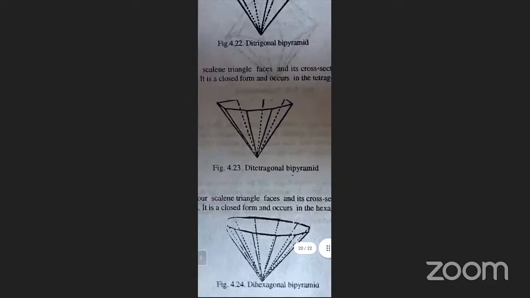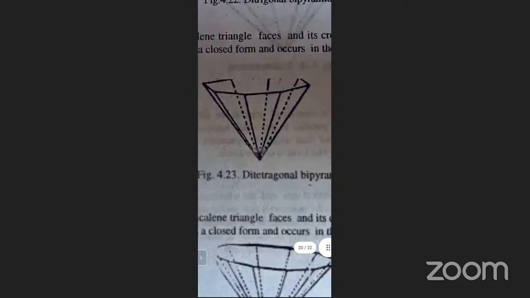Ditetragonal bipyramid. In a ditetragonal bipyramid, the form has 16 scalene triangles. See here, this is a scalene triangle.